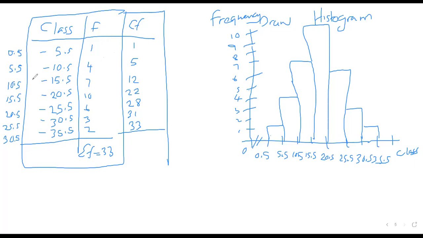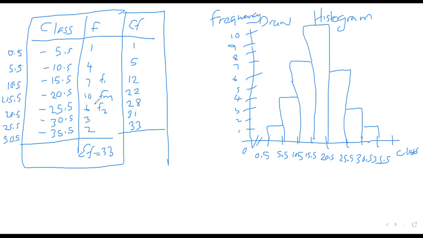I said the mode is the highest frequency. So which number is the highest here? 10. We'll put our FM here. F1 is the number above. F2 is the number below. Then the lower boundary on the FM, that is your L.